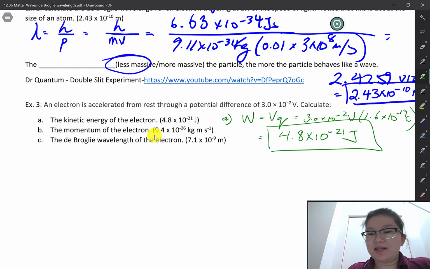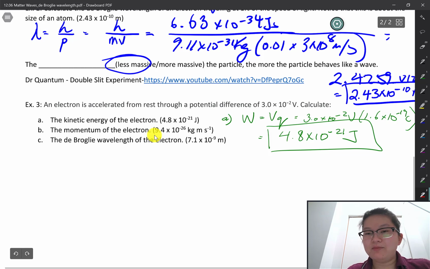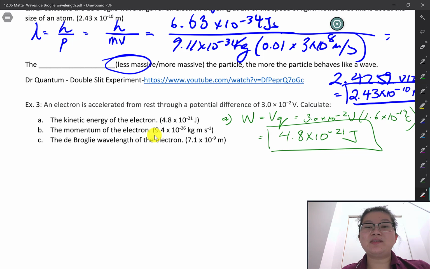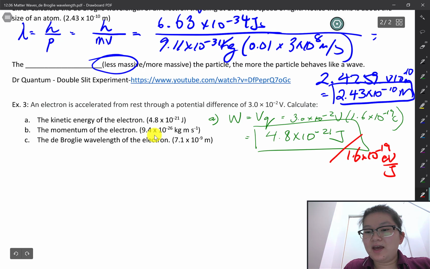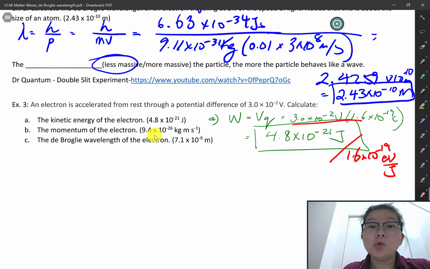So here's a little interesting side thing: oftentimes in your questions you might see an electron having a kinetic energy of something in eV, so electron volts. In fact, if we wanted to convert this into electron volts, we need to divide by 1.6 times 10 to the power of negative 19. And if we did that, we would get exactly 3 times 10 to the power of negative 2, which is the amount in electron volts.